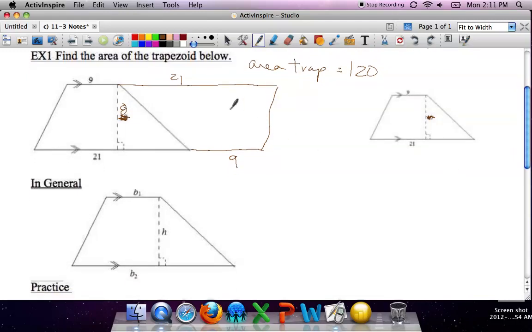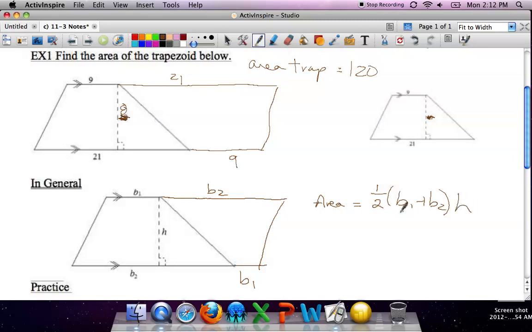So in general, if we call this base 1 and base 2 being the entire bottom, and we flip the trapezoid over on itself, in general the area of a trapezoid is 1/2 base 1 plus base 2 times height.